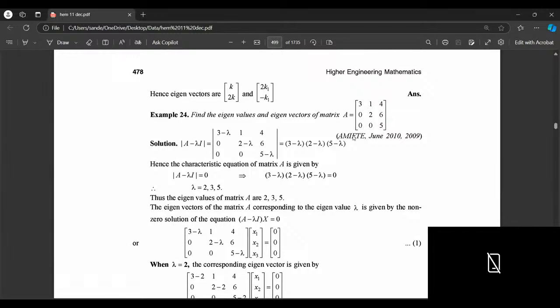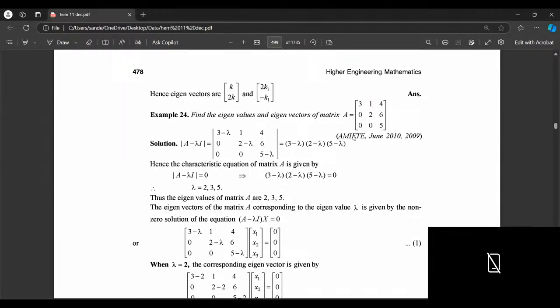You can write A minus lambda I into x equal to 0, where the coefficient matrix is (3 minus lambda, 1, 4), (0, 2 minus lambda, 6), (0, 0, 5 minus lambda), and the matrix of variables x is again 3 by 1: x1, x2, x3 equal to the zero matrix 0, 0, 0. You can call it equation number 1.